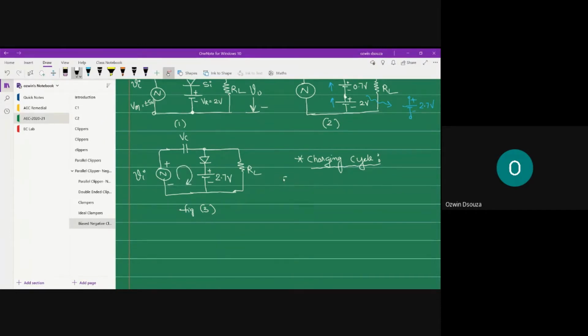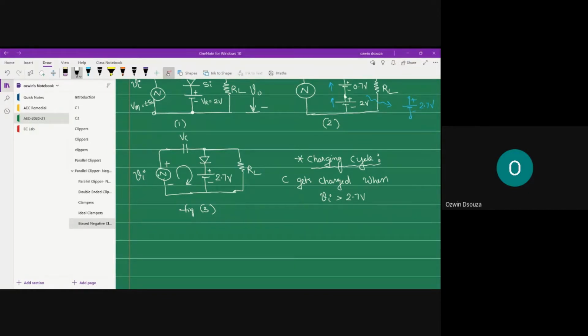So capacitor C gets charged when the input Vi is greater than 2.7 volts. Quite obvious, right? Because in order to charge the capacitor, the diode should get into conduction, and the conduction is possible only if you have the clockwise direction of current.